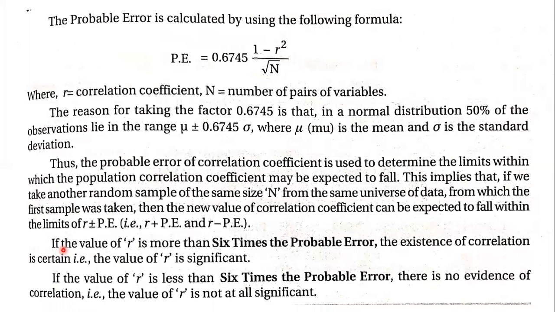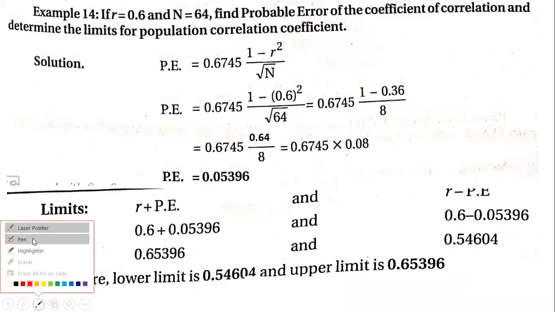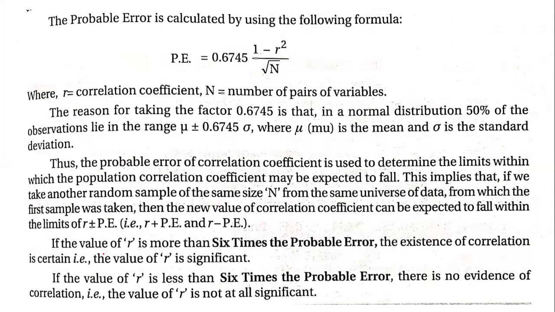So let us take for example. Now if you consider this problem, the value of PE is 0.05396, correct? Now what are they saying? If the value of R is more than the 6 times, so value of R should be more than 6 times of PE.